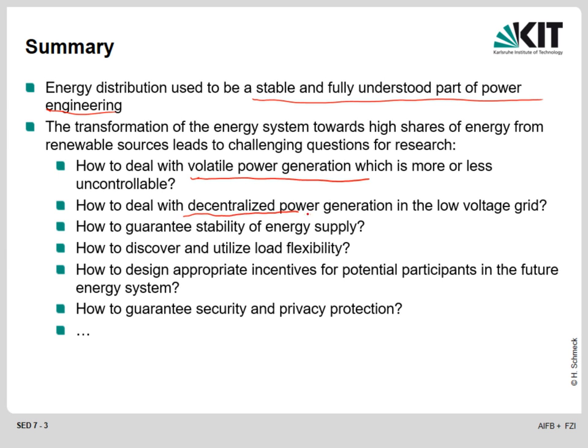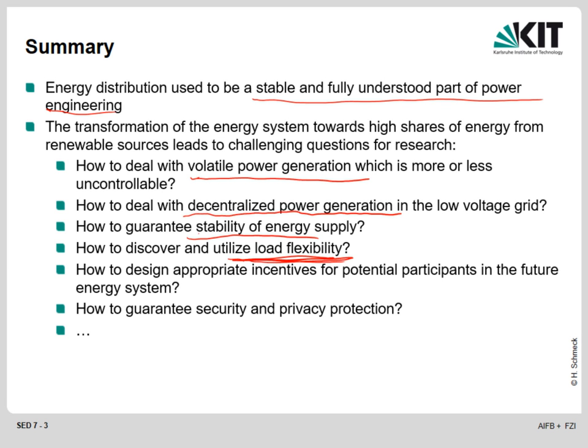The question was how to deal with decentralized power generation in the low voltage grid, because there we run into bottlenecks with the actual system. How can we guarantee stability of energy supply, even under the scenario where we have fluctuation and uncertainty and decentralization? How can we actually discover load flexibility? I showed you these interfaces that we have, the menus for finding out the preferences of the user for using his appliances.